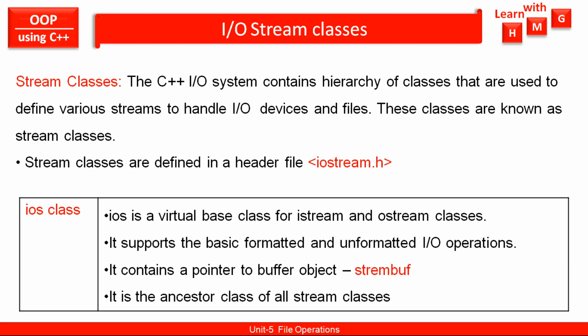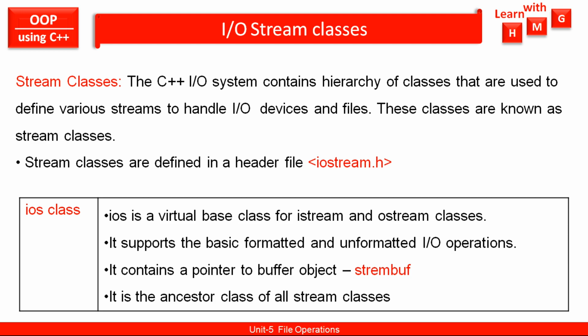Now let us see these classes one by one. First is the iOS class, the input output system class. iOS is a virtual base class for the iStream and OStream classes. As we have seen in the diagram, the four classes form hybrid inheritance, and the apex class, the iOS class, is a virtual base class for the iStream and OStream classes. It supports basic formatted and unformatted input output operations.